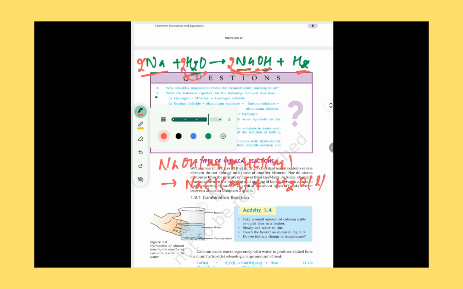Now balancing part, as far as balancing is concerned, one sodium is on this side, one sodium on this side, hydrogen one, 2 hydrogen, one oxygen. So this reaction is already balanced. So this reaction is also called a self balanced chemical reaction.